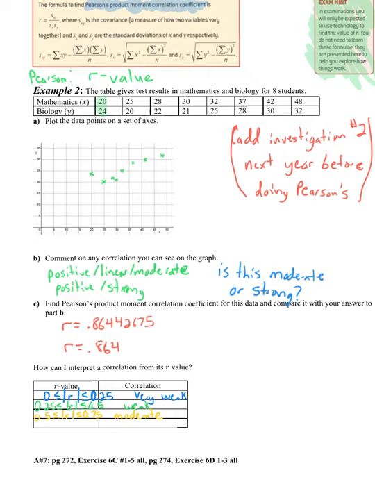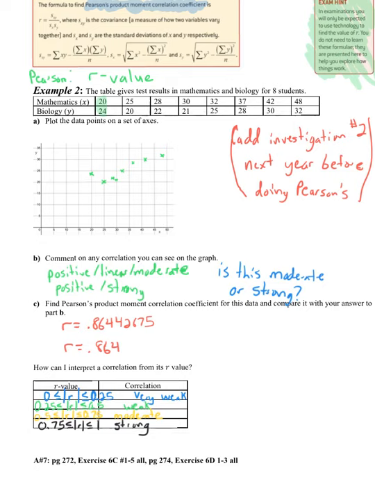And then the last one, 0.75 less than or equal to R, less than or equal to 1 is strong. So now we have a definition of weak versus moderate versus strong. And this is where quantitative analysis comes in, versus before, qualitative, where we would just kind of be guessing, like, that's moderate to strongish.